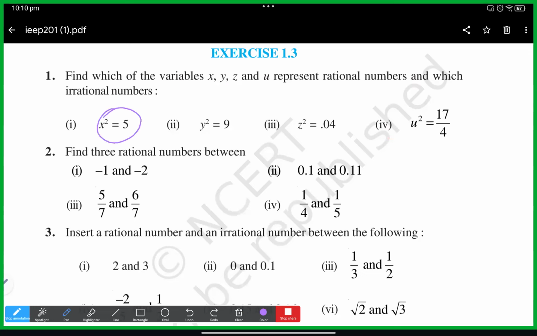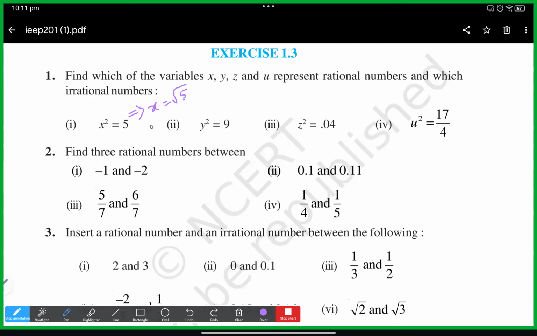Yes, sir. x is equal to root 5. So finally, it's irrational because root 5 is irrational.